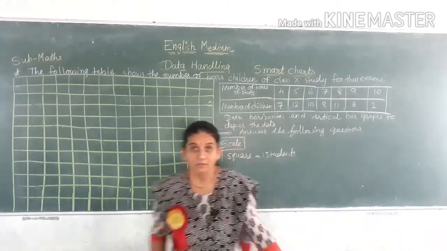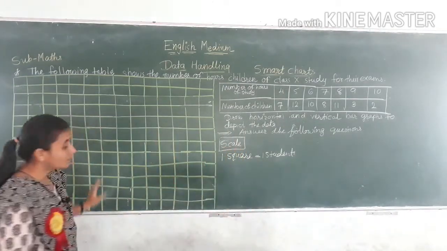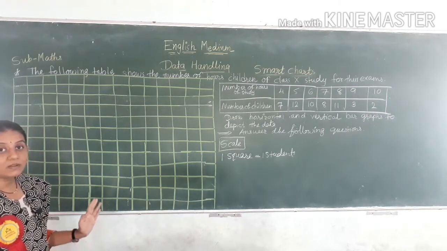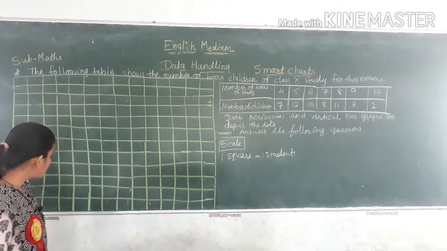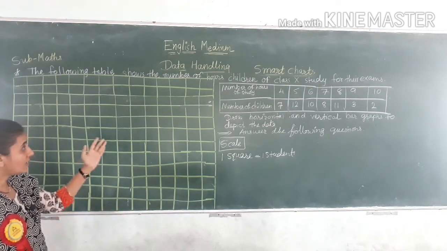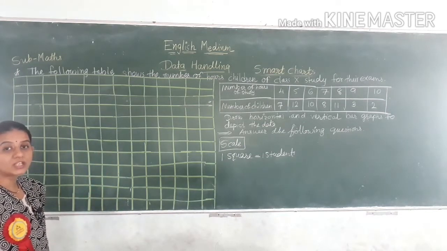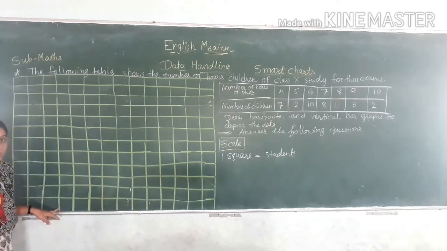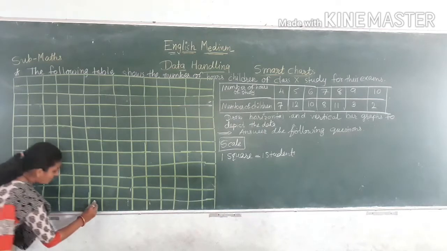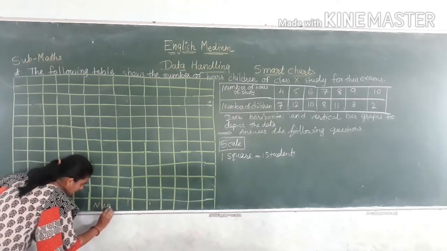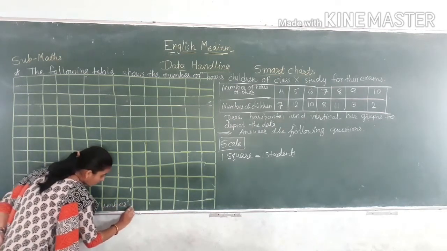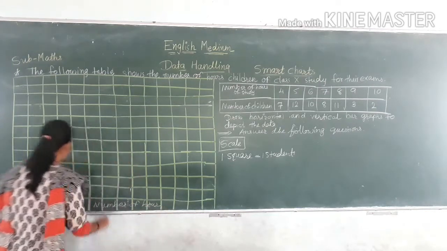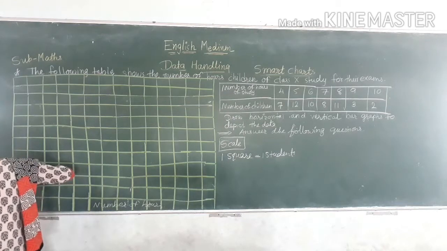Here I am making a bar graph on squared paper. On the horizontal line we represent the number of hours, and on the vertical line the number of children.